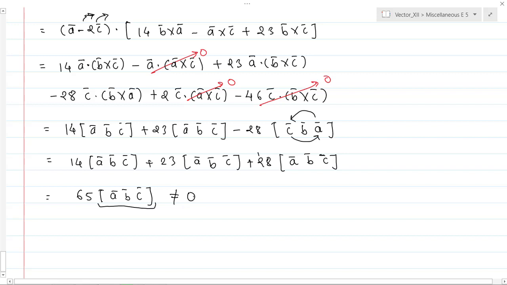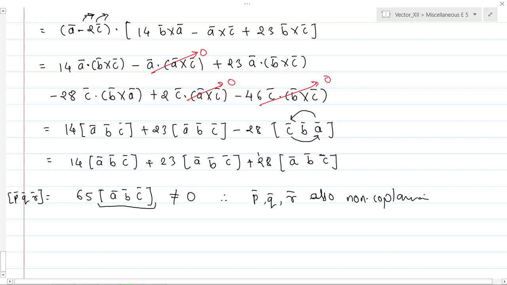Therefore, what we can say is that this is the box product of pqr, therefore p bar q bar and r bar are also non-coplanar.